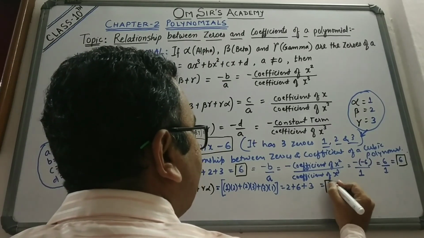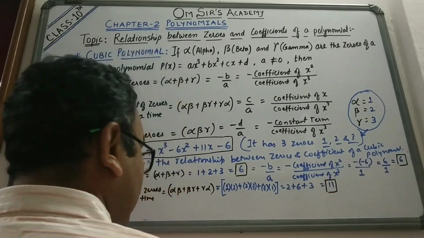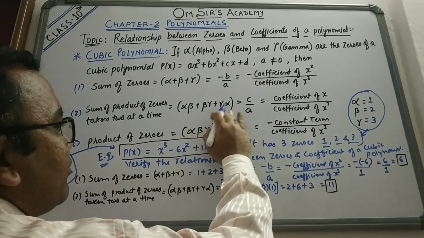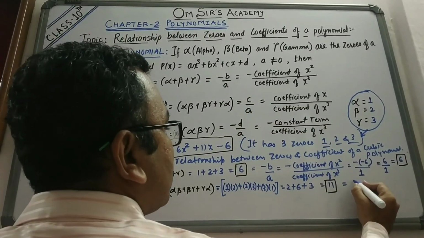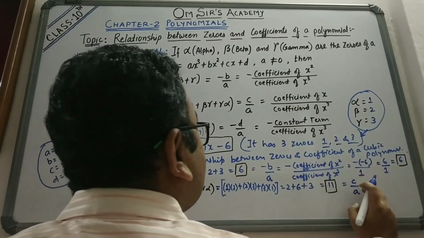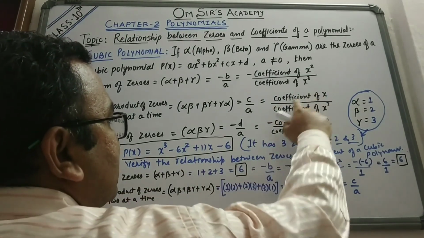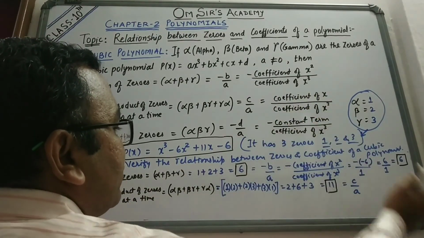So this 11 should be equal to alpha beta plus beta gamma plus gamma alpha, which should be equal to c upon a. So what is c? C is the coefficient of x, and a is the coefficient of x cube.